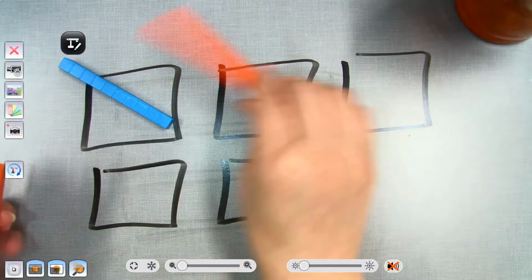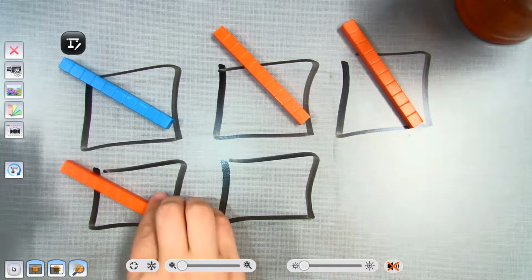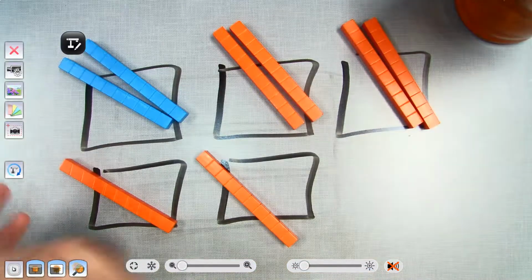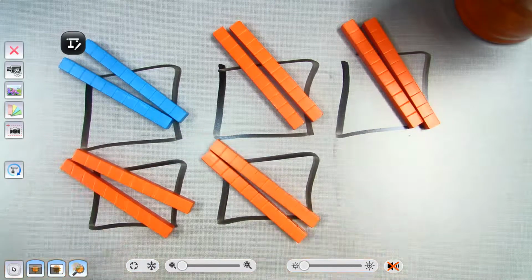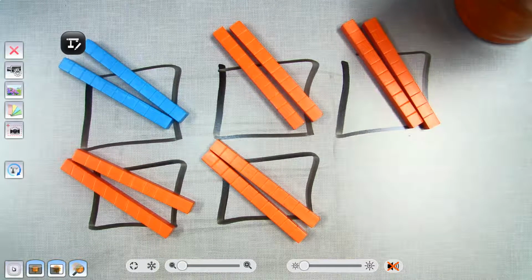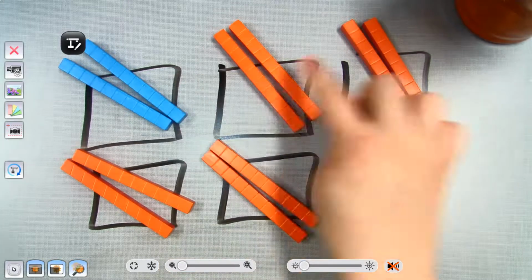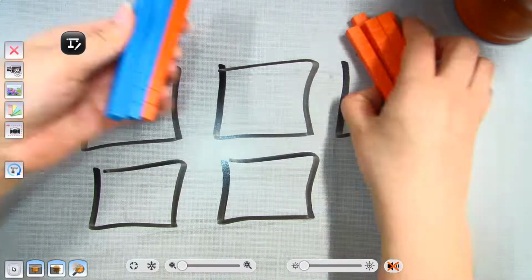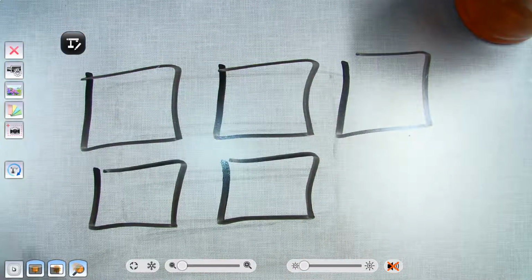So 1, 2, 3, 4, 5, 6, 7, 8, 9, 10. So how many tickets would each person get? 10, 20, 10, 20, 10, 20, 10, 20, 10, 20. So each person would get 20 tickets.